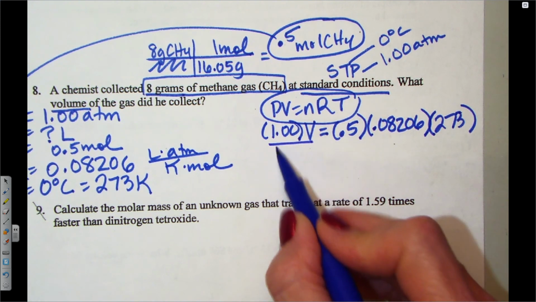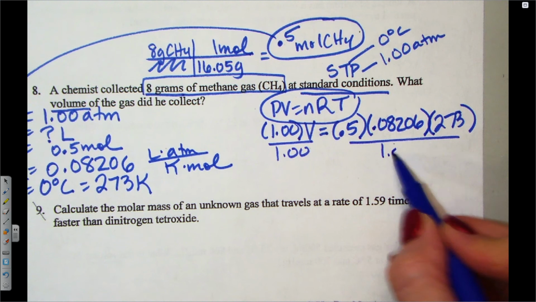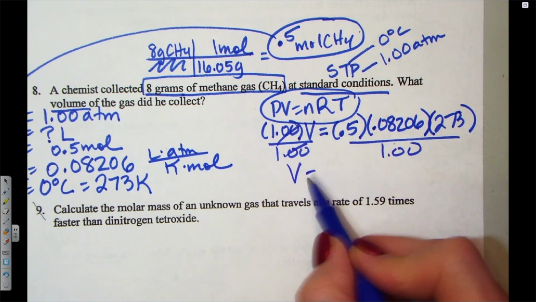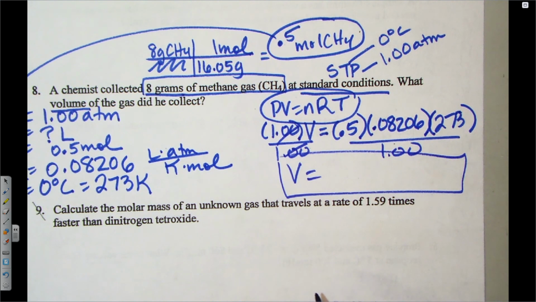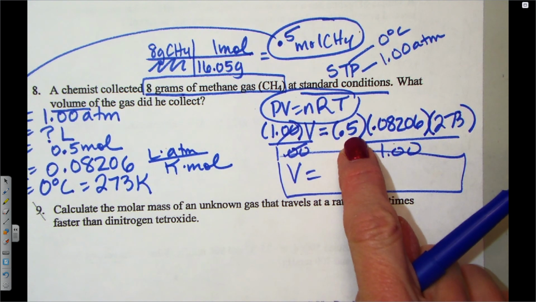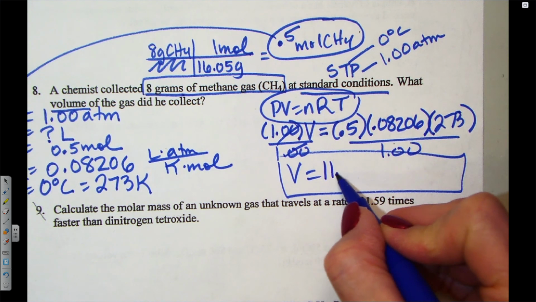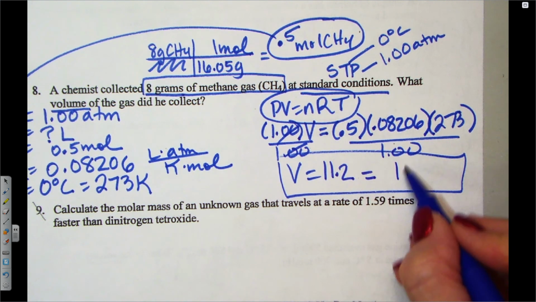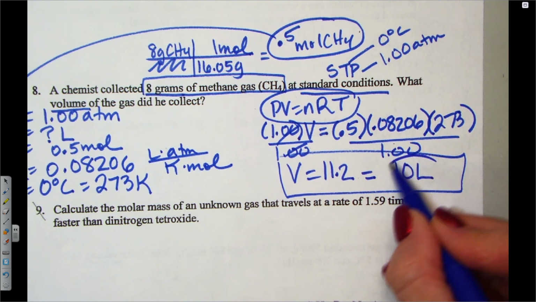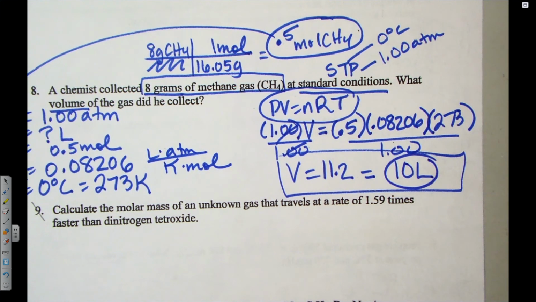Divide by 1, and that isolates your variable. That's going to give you a final volume rounded to 1 sig fig. On my calculator, I get 11.2. I'm going to round 11.2 to 1 sig fig, which is going to be 10 liters. So your final answer to 1 sig fig will be 10 liters.